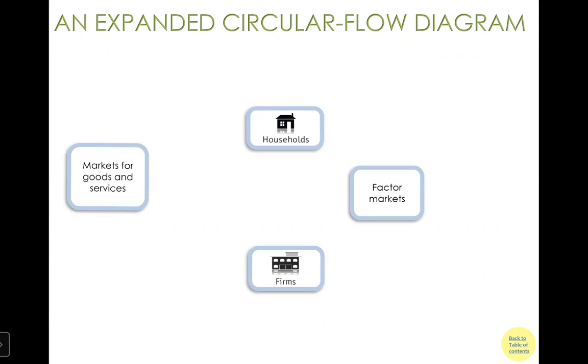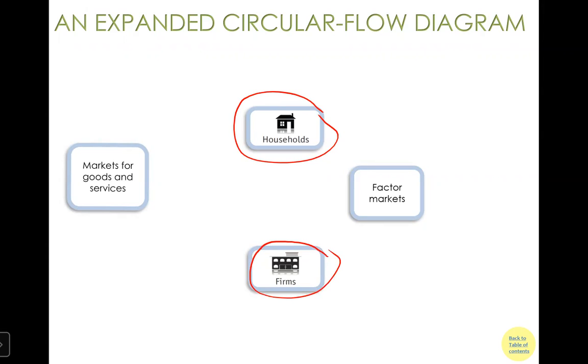The first thing is we are going to do something very abstract, very, very abstract. Just think about the conceptual model we talked about earlier. We are going to characterize everybody as one of two things. You are either a household or, alternatively, you are a firm.